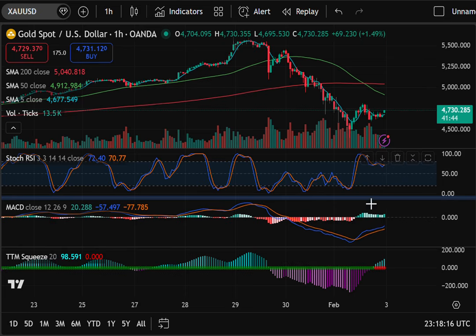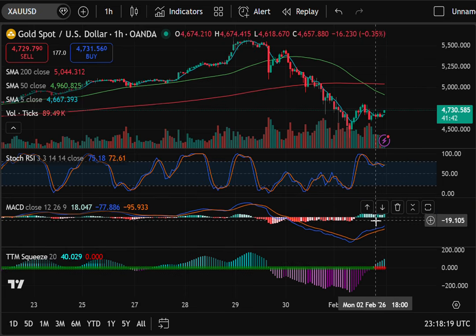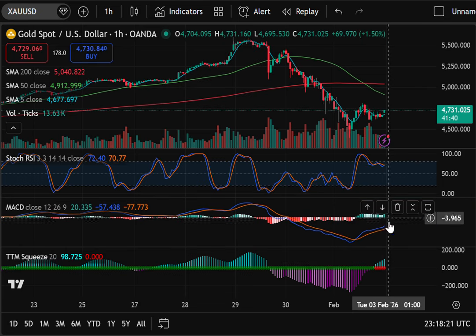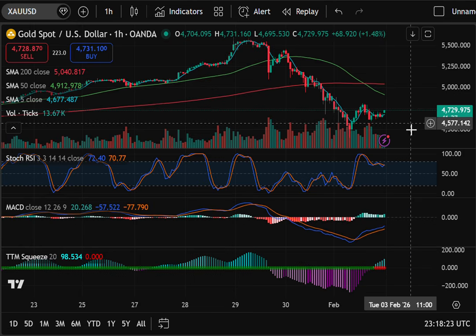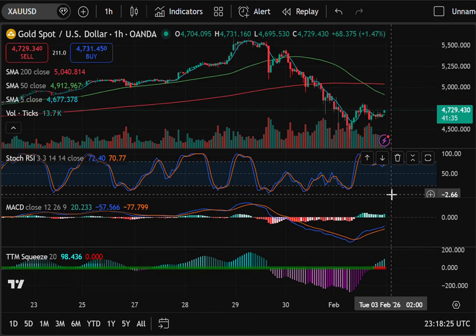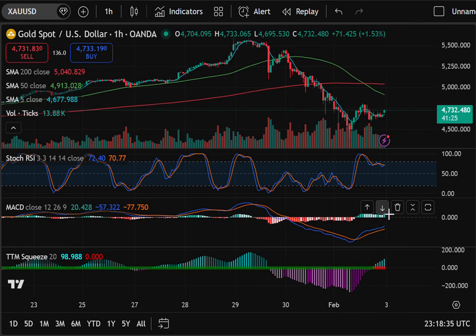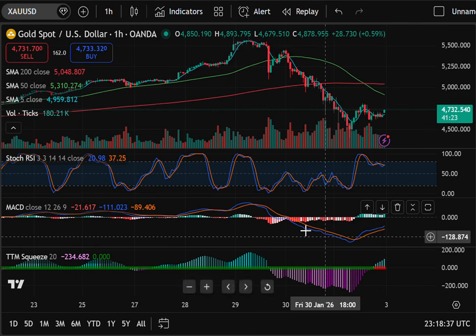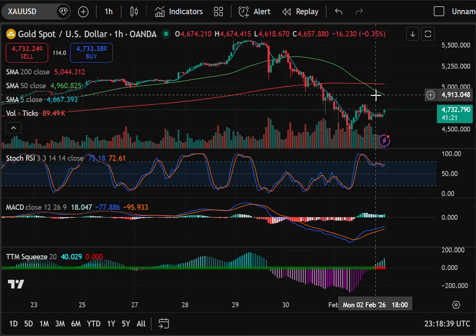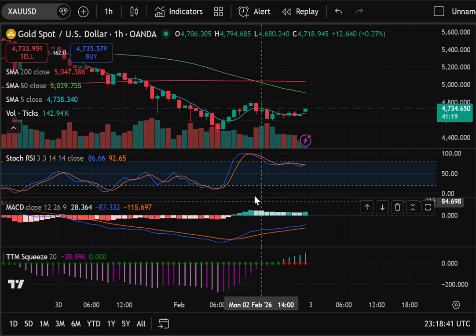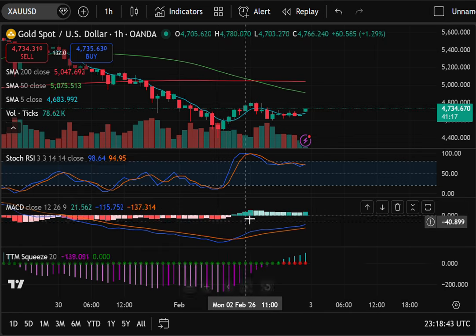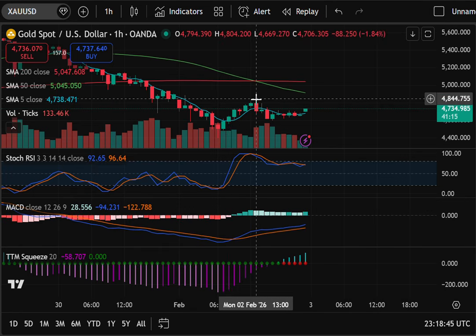Okay, so for MACD, for instance, when you start seeing dark green rectangles, that's a good indication that the price is going to start moving upwards, or it's reversing in order to start moving upwards. And the price will continue to move upwards when you have increasing size of green rectangles, just like right here. And you'll notice here an increase in the price.